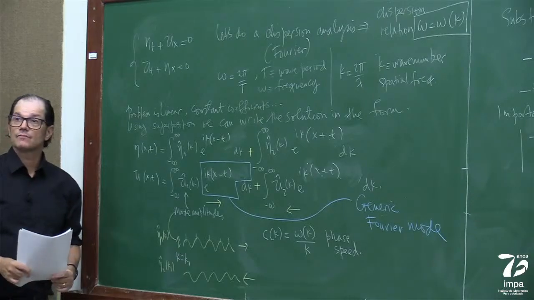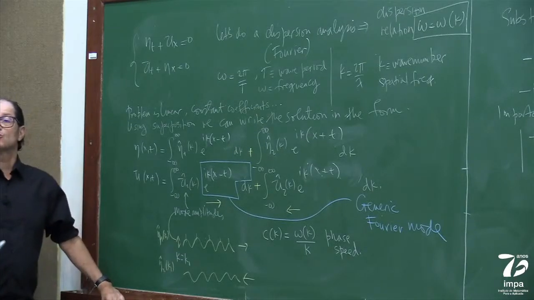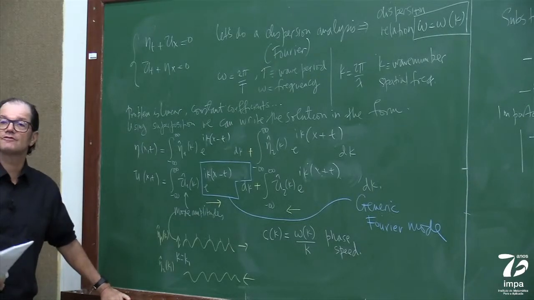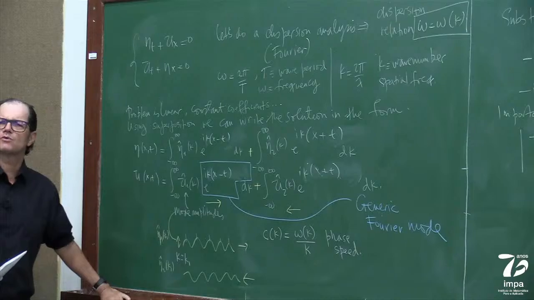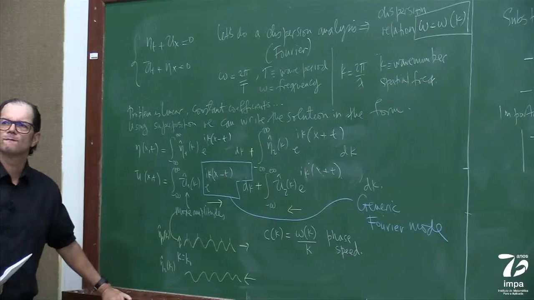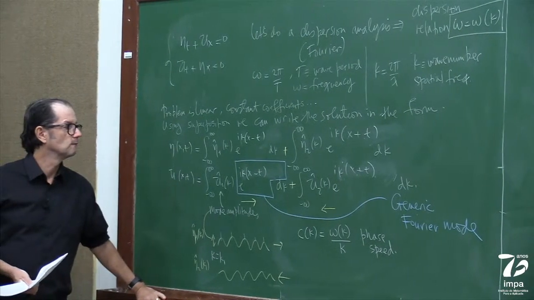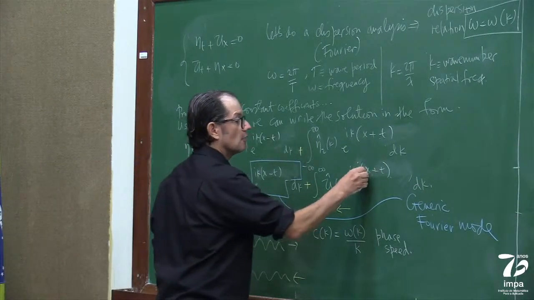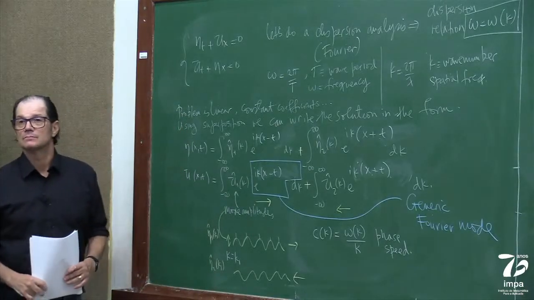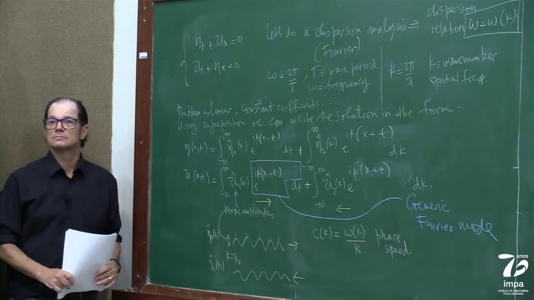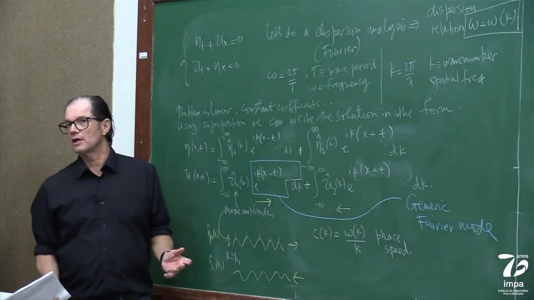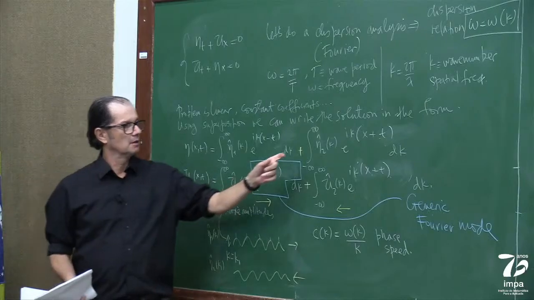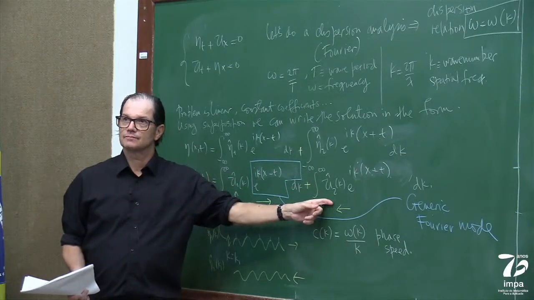And then how do I get, to really have the final answer of the Fourier representation of my solution, what do I need to do? What do I not know here? What still needs to be calculated? I don't know the Fourier amplitudes. I don't know this guy, this guy, this guy, and this guy.